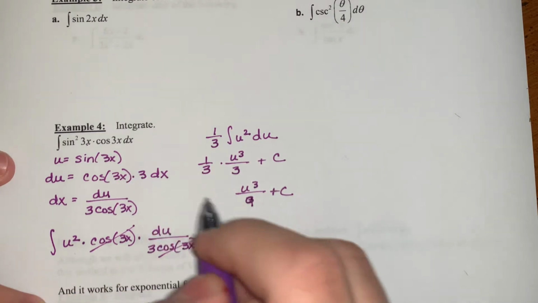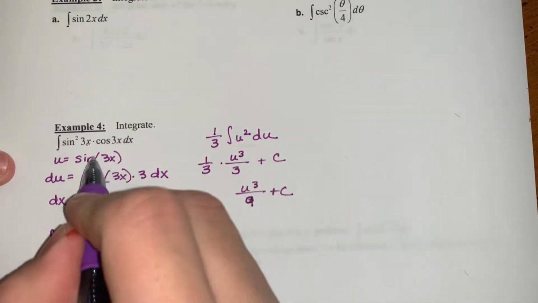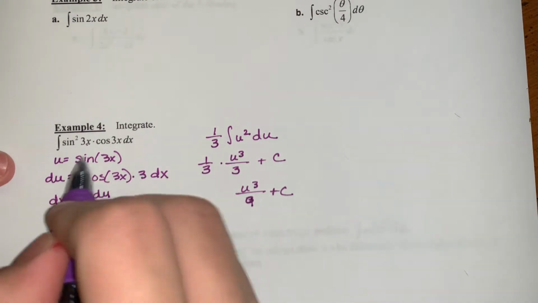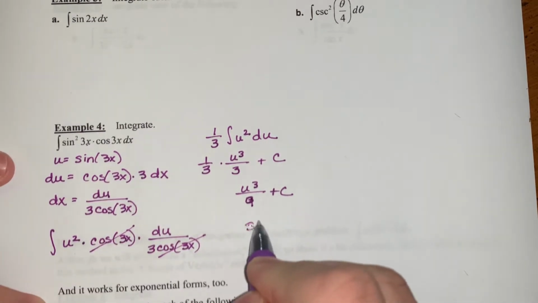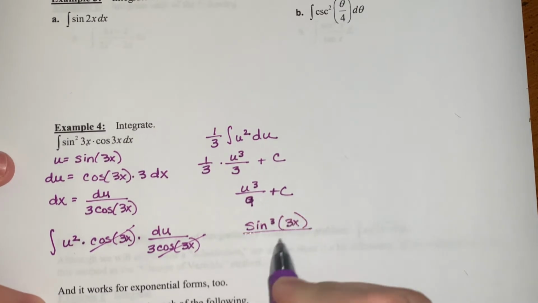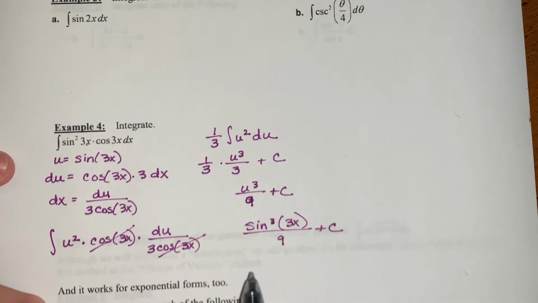And again, if it's cubed, for a trig function make sure that the cubed is right after the letters of the trig function. So it's going to be sine cubed of 3x all divided by 9 plus c. Sometimes, if this is multiple choice, the answer choice would say 1/9 sine cubed of 3x plus c, and that's the same thing.